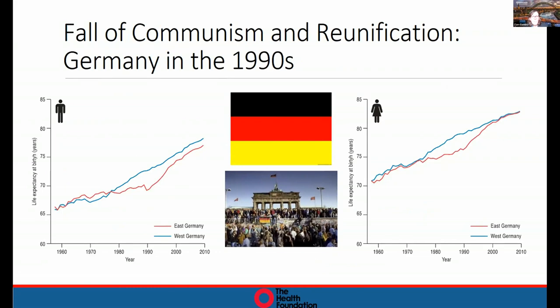So here we can see in the two charts life expectancy for men and women in East in red and West Germany in blue from the 1960s through to 2010. You can see at the point of reunification, when East Germany ceases to exist, becomes amalgamated back into unified Germany in 1990, the life expectancy gap between East and West for both men and women is around 4 years.